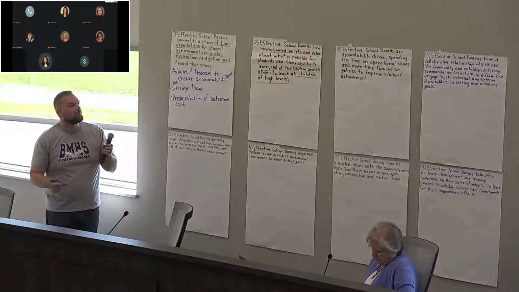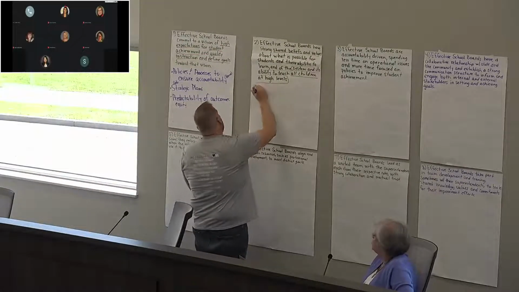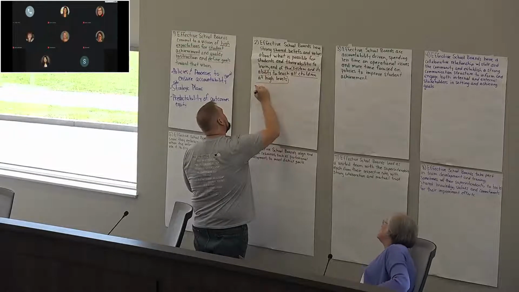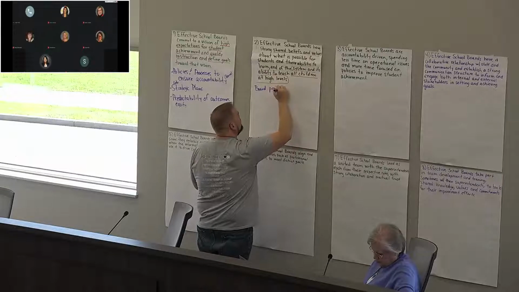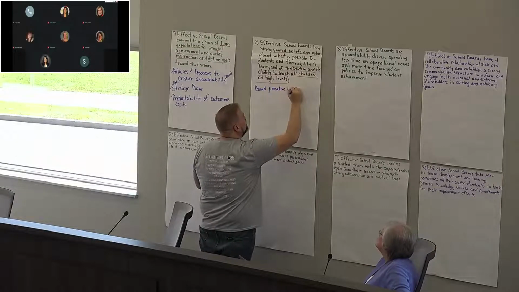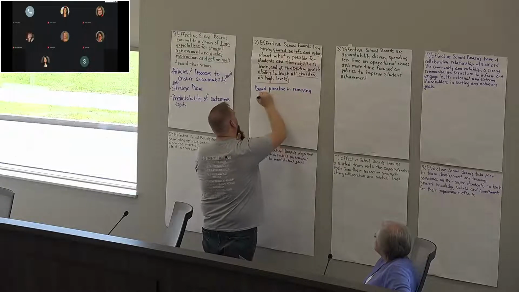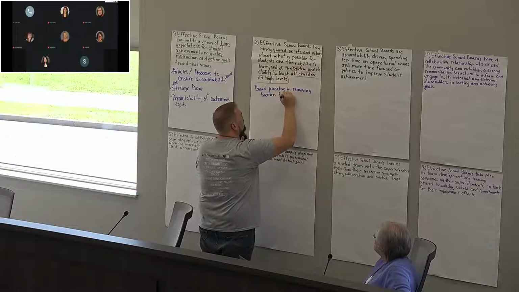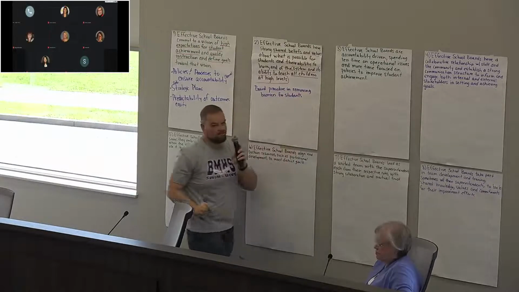I think it's incumbent on the board to be very proactive with removing barriers that are presented to our students to learn. And that could be because of a number of reasons, but to be mindful of removing those barriers so that we can provide a high quality education for all of our students. Okay. Any other thoughts?